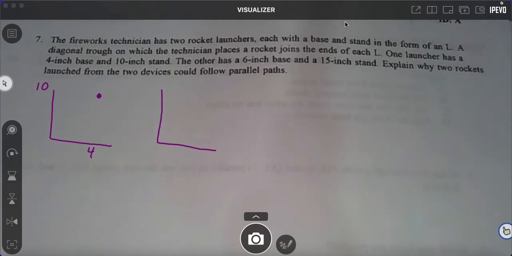This one has 6 and 15. So they want to know why the two rockets launched could follow parallel paths. I'm just trying to see if I get this same answer.